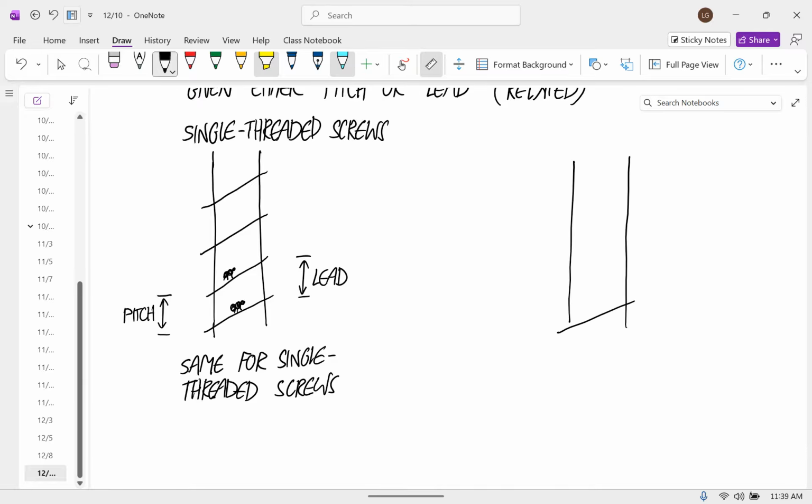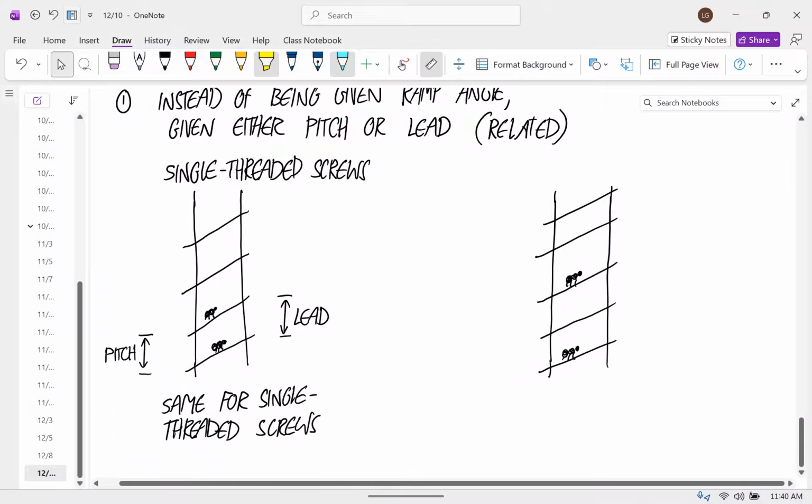And the way those work is, here you see the ant walking up, climbing up this ramp, but the next time you see him on your side of the screw, he's not going to be at this next one, he's going to be here. This is a double threaded screw.